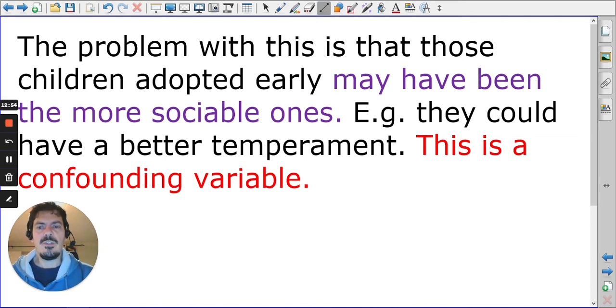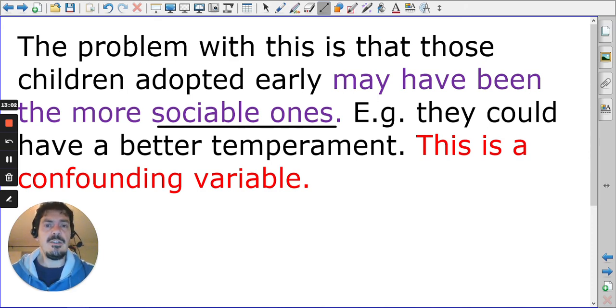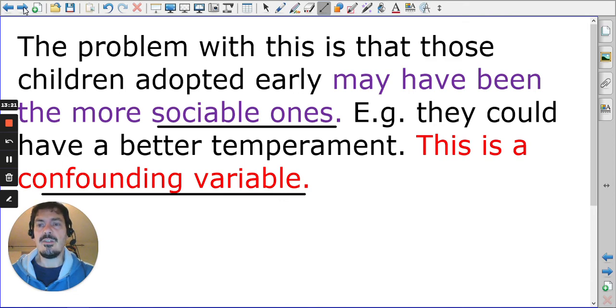So, for example, the children who adopted first were probably the ones who are more sociable. This is realistic if you think about your own situation. If perhaps you're adopting a cat or a dog, you want to go for the ones that are friendly and nice. And so, of course, this idea that we can't control which child was adopted and which particular situation they're put in becomes a confounding variable, because it could be their socialization that could have affected the outcome.